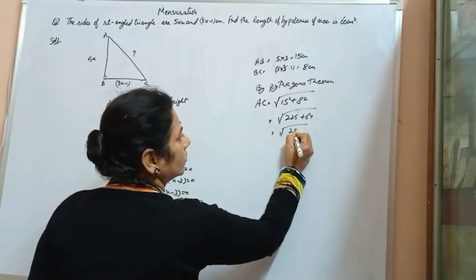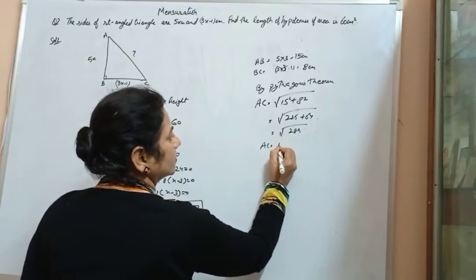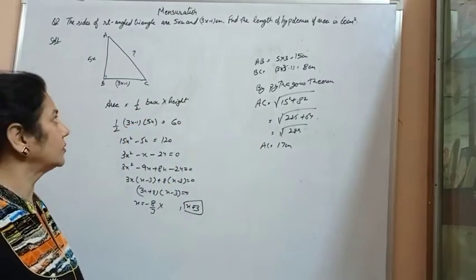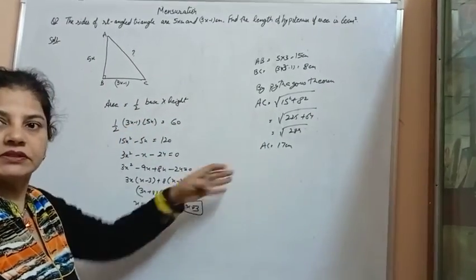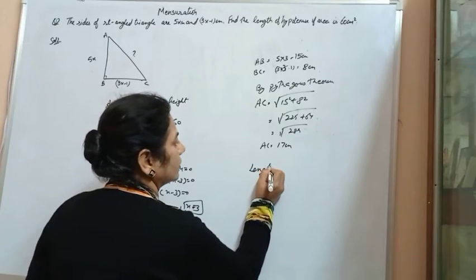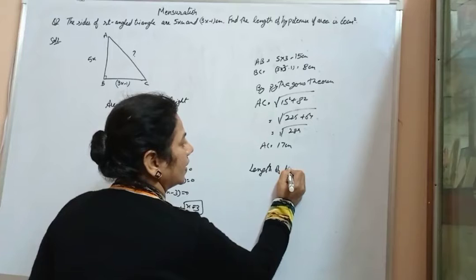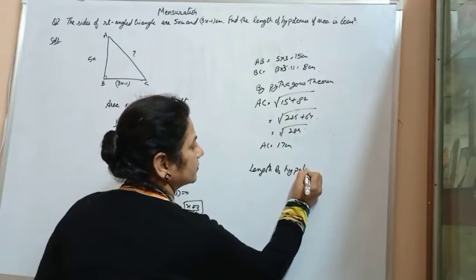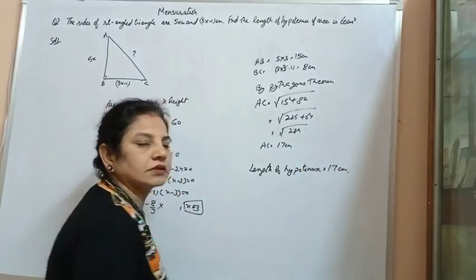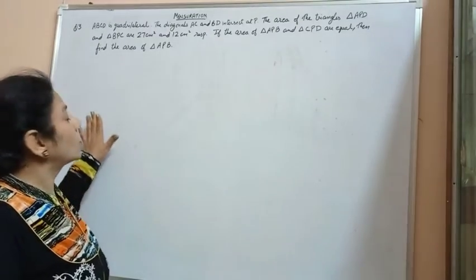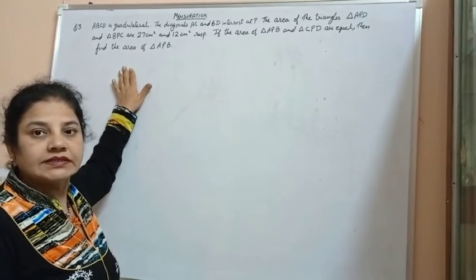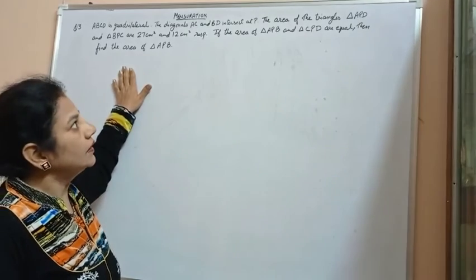That means 289. So AC is equal to 17 centimeter. So the length of the hypotenuse is 17 centimeter.